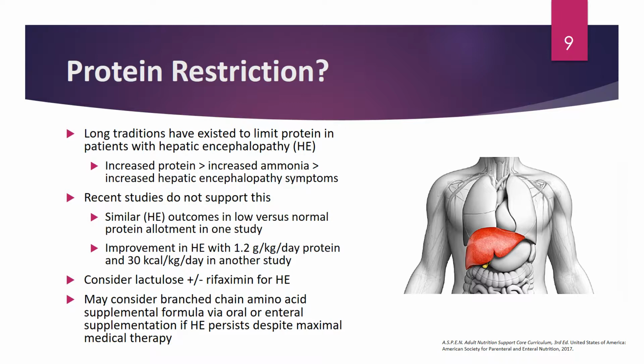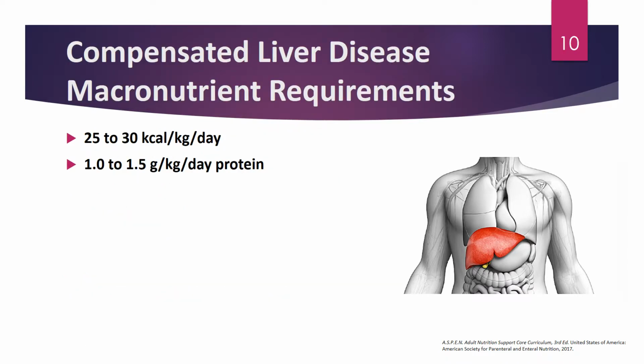And you can titrate to a certain amount of stools per day, anywhere between 2 to 4 per day for lactulose, depending on what outcome you actually want in terms of stool output. For patients who have protein restriction, you may consider the use of branched-chain amino acid supplemental enteral formulas if hepatic encephalopathy persists despite using lactulose and rifaximin. Remember, those formulas are essentially our liver-specific formulas.